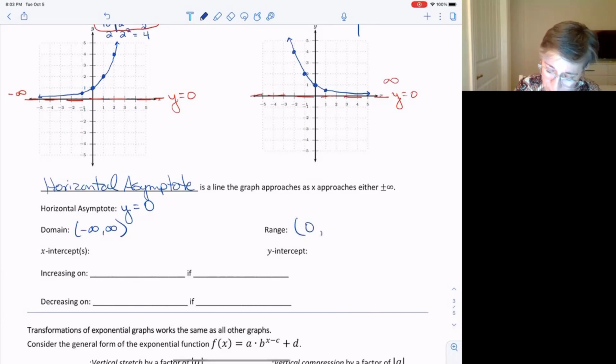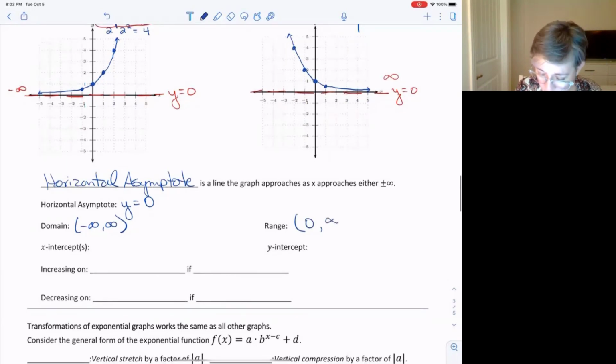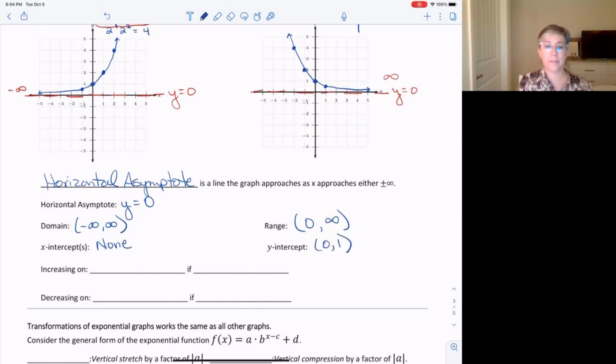So our range would be 0 in parentheses, because it never actually equals 0, towards positive infinity. There are no x-intercepts unless it's, again, shifted down, but there's always one y-intercept at 0, 1, as long as it's not shifted.